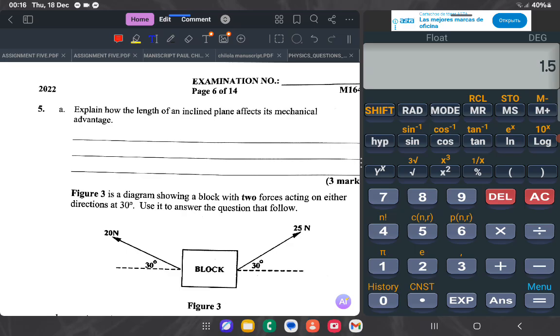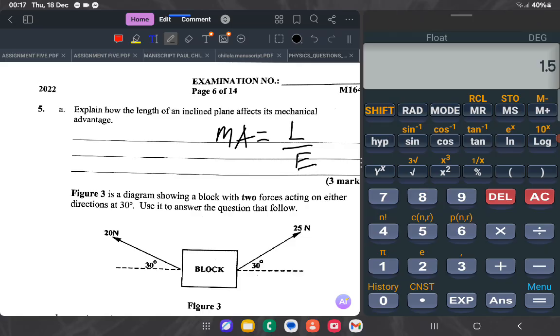Before we go to break, explain how the length of an inclined plane affects the mechanical advantage of the plane. Remember, mechanical advantage, MA, is load of the object divided by the force being applied, which is called effort.